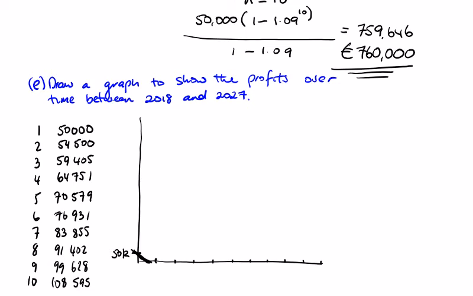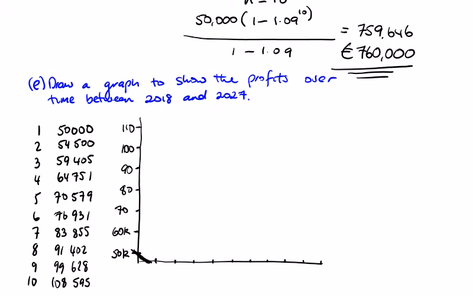And we're going up to 108, so let's go up in 10,000s here. So 60, 70, 80, 90, 100, 110. You're going to use graph paper here and get this exactly.